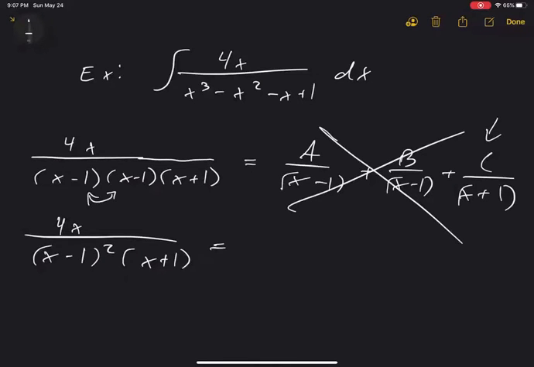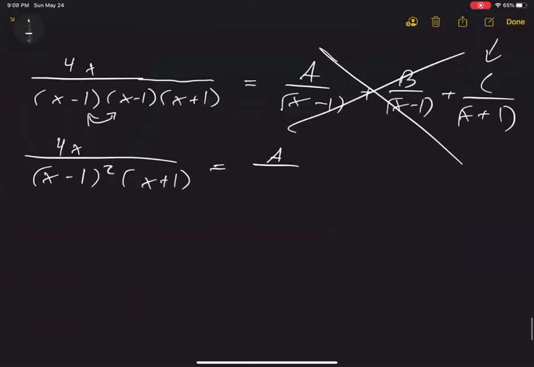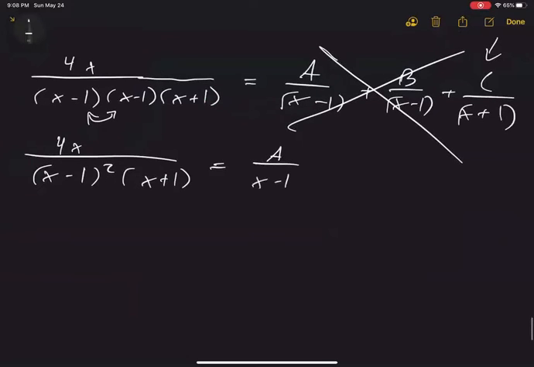So how do I deal with that repeated term? What I'm going to do is write a over x minus 1. So that first one is still the same. And then I'm going to keep writing constants over that same denominator, and I'm going to increase the power of my denominator until I get to the number here.